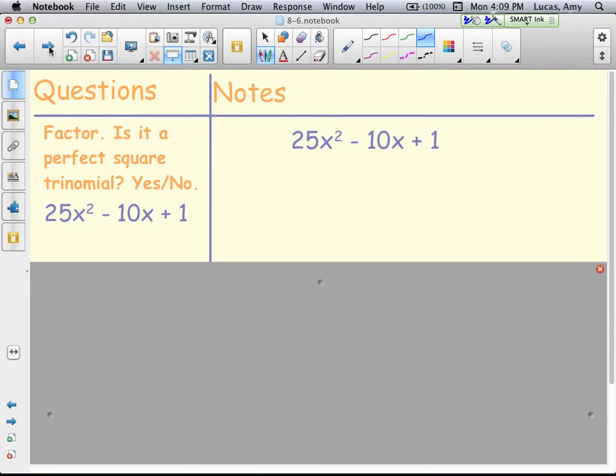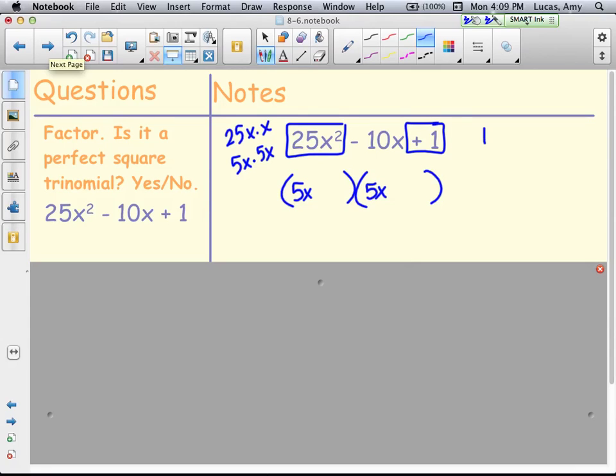25x squared, that could be 25x times x, or 5x times 5x. I'm going to try the 5x's because remember we're looking for perfect squares, and perfect squares would have to look the same. If I move down here to 1, 1 is just 1 times 1. A negative on my middle term means they both have to be negatives.